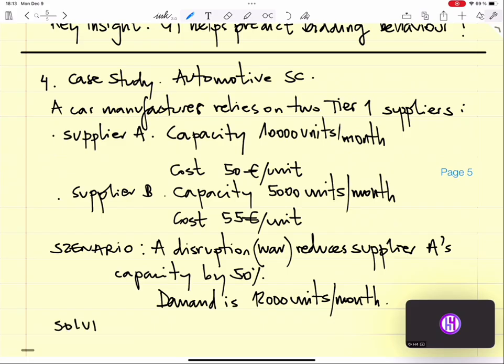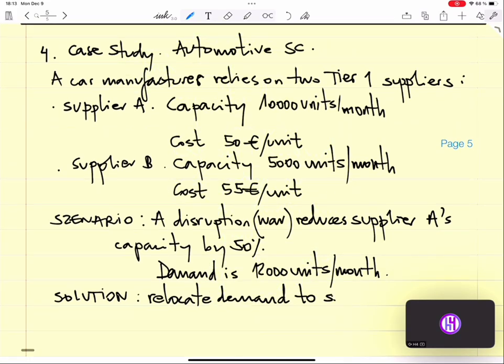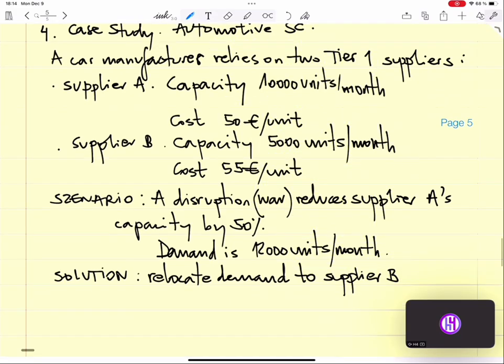Solution would be, of course, relocate demand to supplier B, despite higher cost, because otherwise you lose customers.